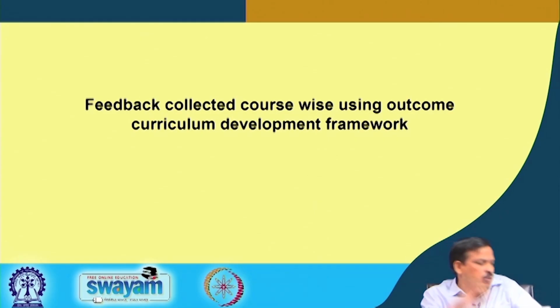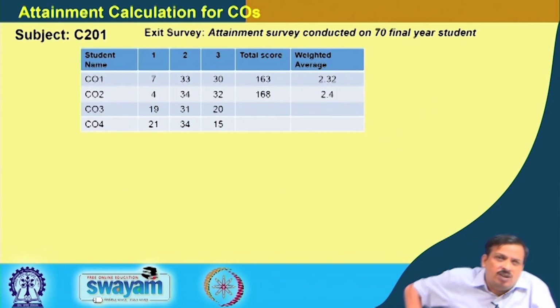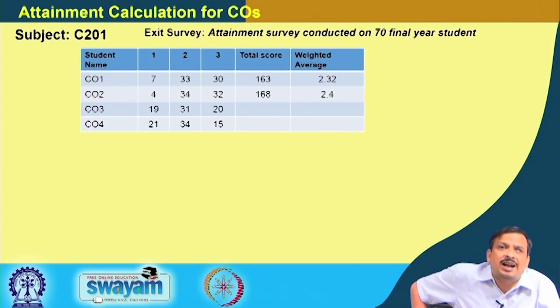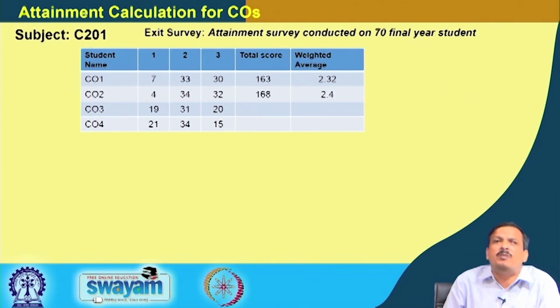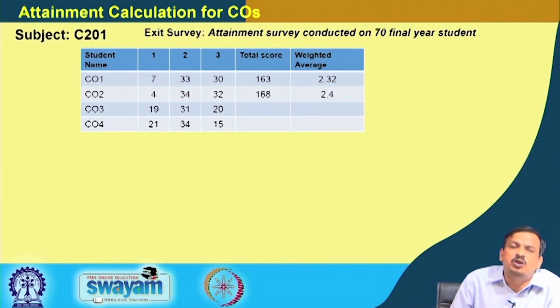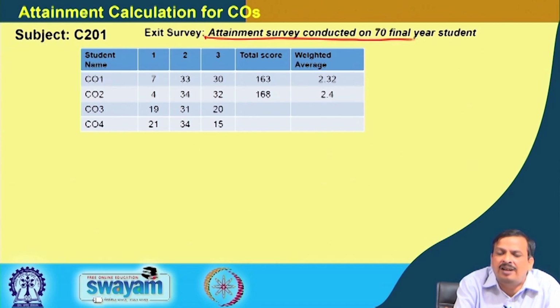Okay? So, how do you compute the attainment from that kind of course feedback? Suppose I find out the attainment calculation of COs on my course C201, based on the exit survey conducted on 70 final year students.